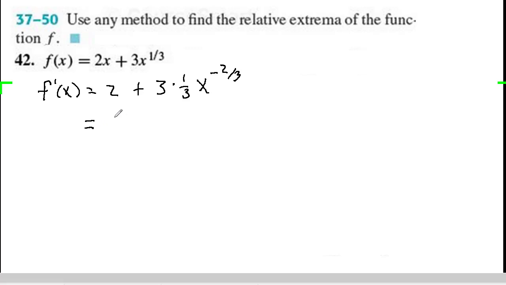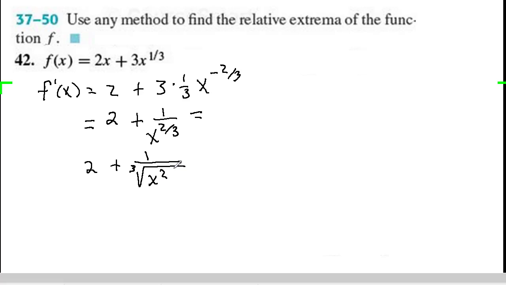If we write this in this form, the 3 and the 1/3 make 1 over x to the 2/3. And then this can be rewritten as 2 plus 1 over the cube root of x squared.